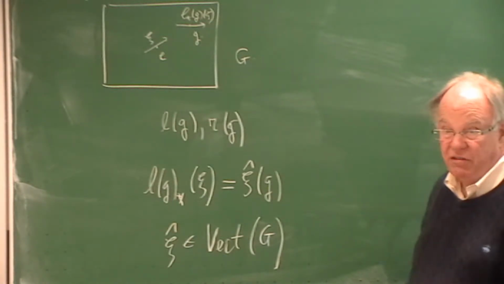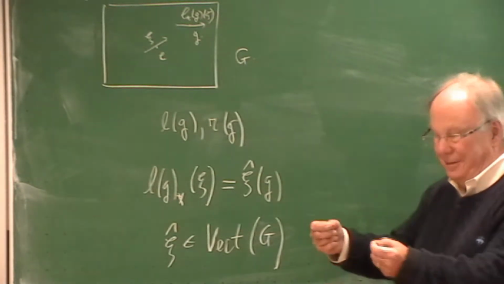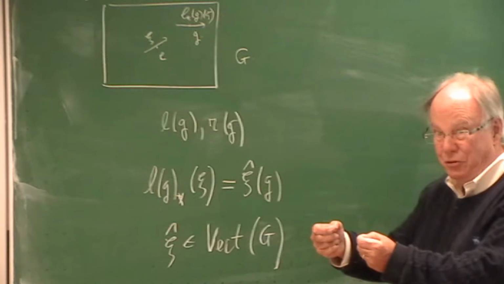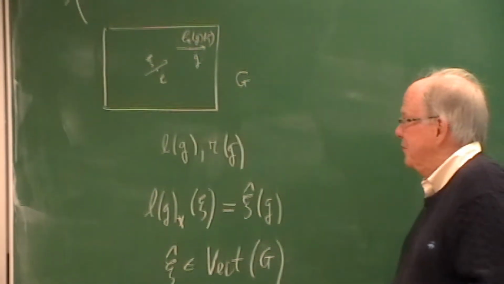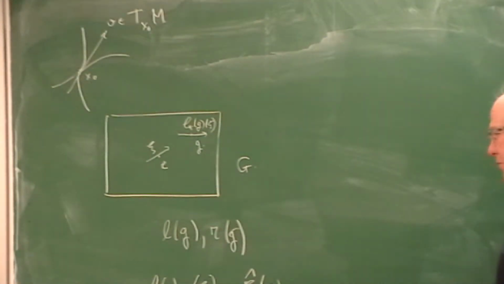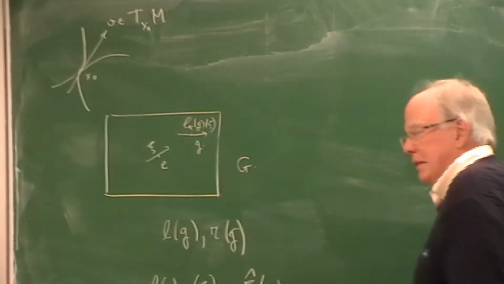Right, because these two operations are different. These two operations define conjugation. So that we get this vector field here.